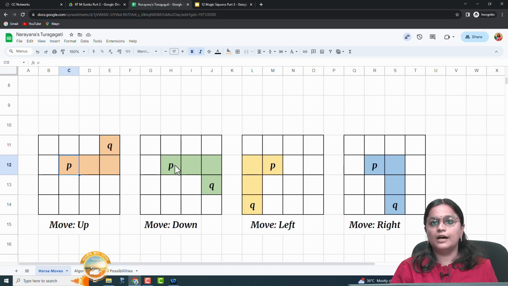Now let us see the down horse move. If our starting point is the position P, we move 2 steps and go down, giving us the new place for Q. For a left horse move, if P is here, we move left and go down 2 steps. This is a left horse move.